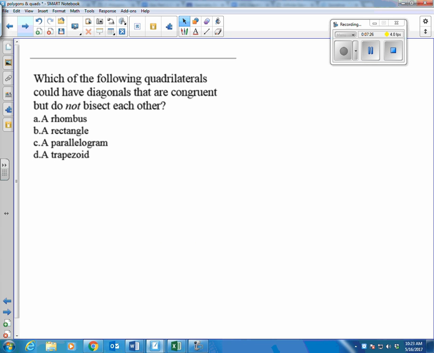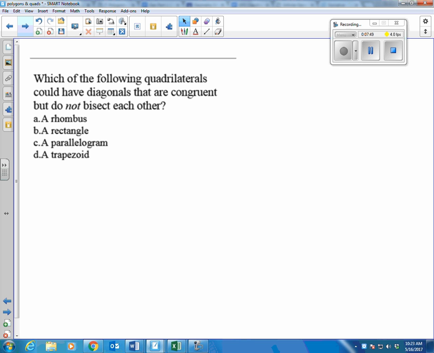Which of the following quadrilaterals could have diagonals that are congruent but do not bisect each other? Well, all parallelograms have diagonals that bisect each other.